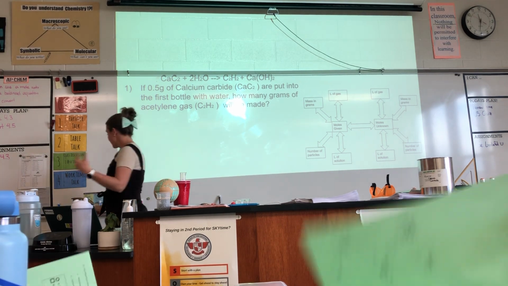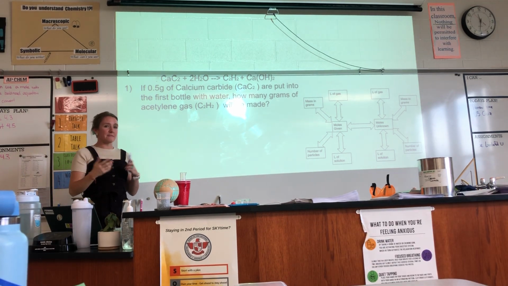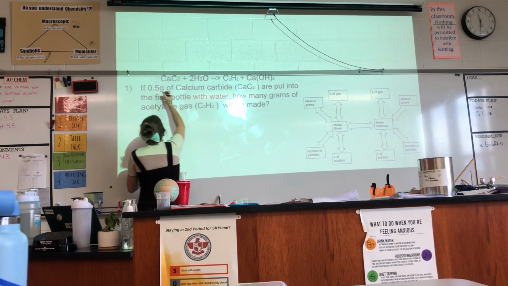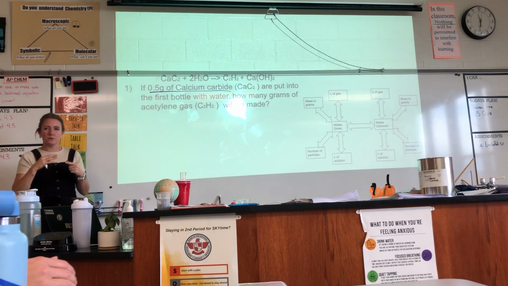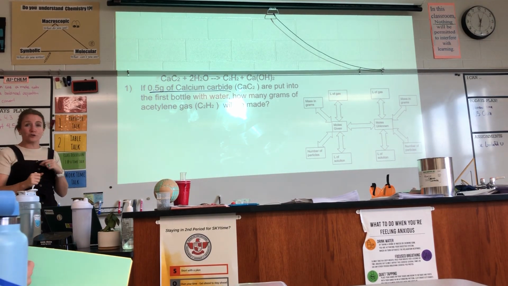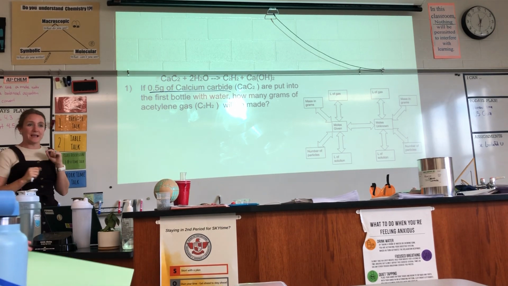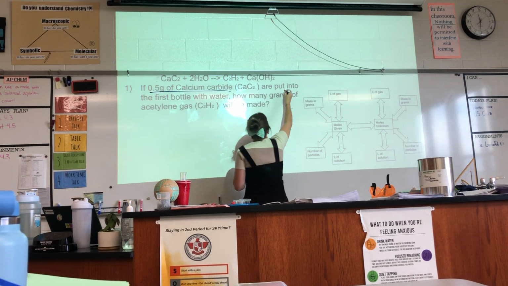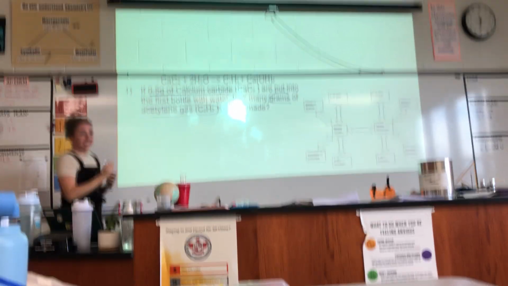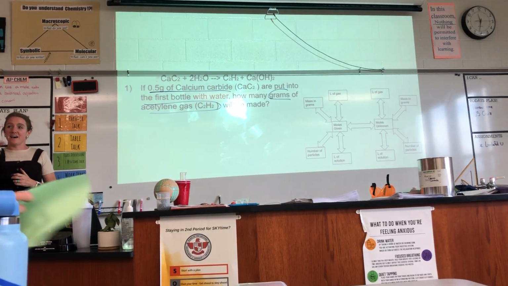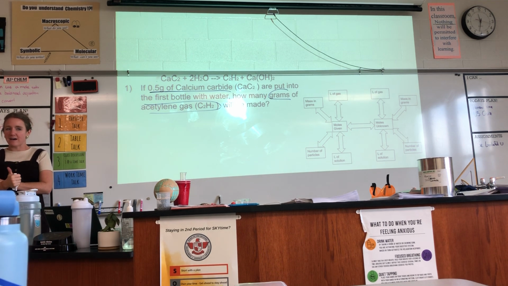Okay, now as I read problems, my recommendation in terms of annotating is I underline given numbers, so that as I go back through, I can pull those out, and then I circle the unit I'm trying to find. The key thing here is you're going to want to circle not just the unit, but the substance. Grams of acetylene. So I circle what I'm trying to find, I underline where I'm starting, or what I know.